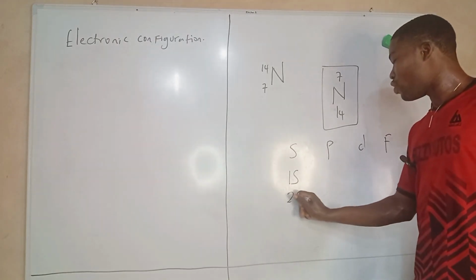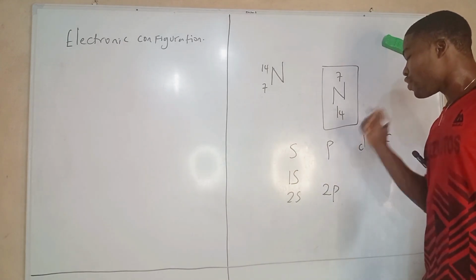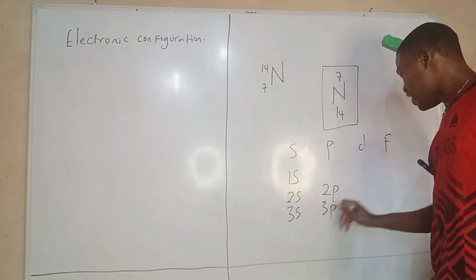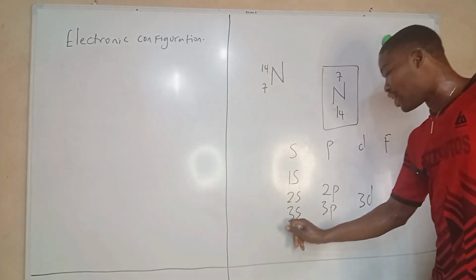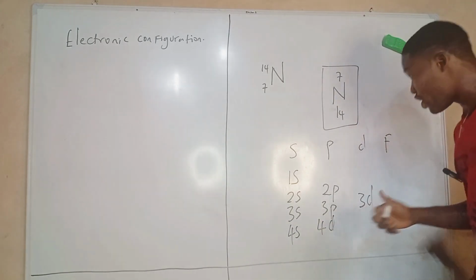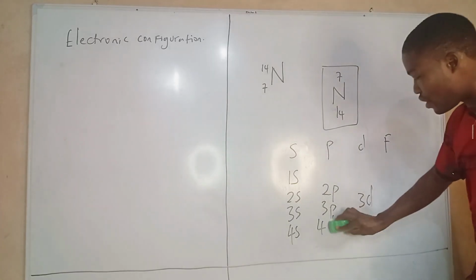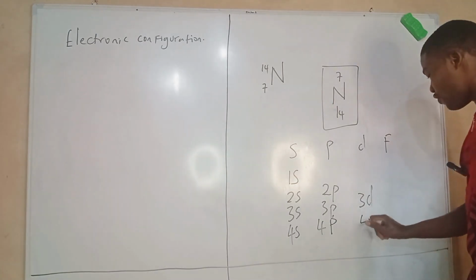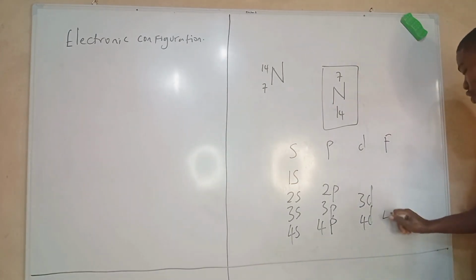For the second shell, you have 2s and 2p. For the third shell, you have 3s, 3p, then 3d. For the fourth shell, we have 4s, 4p, 4d, and 4f.